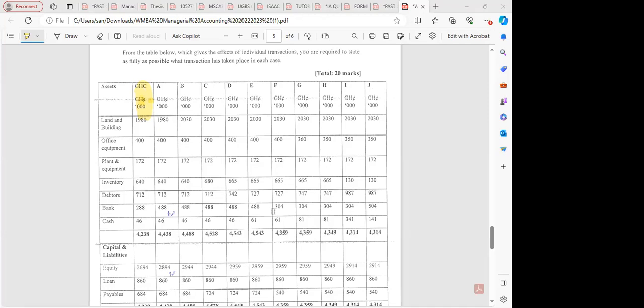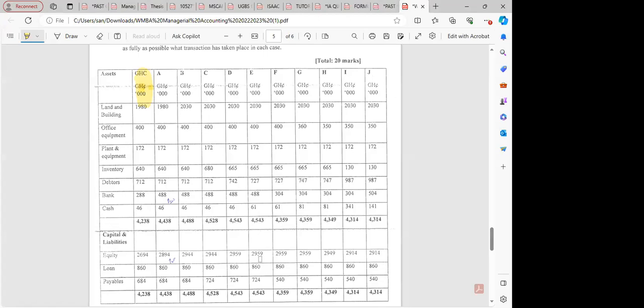Bank is the same first, and cash has gone up from 46 to 61. So the increment here is also 15. It means that probably whatever your debtors paid was in cash. Let's check through the others. If there are no other effects, then we can just put our transaction down.